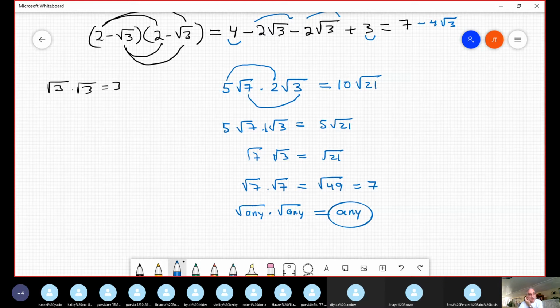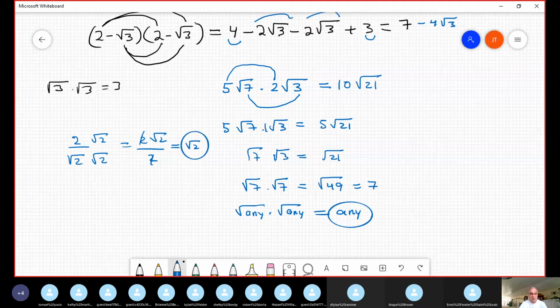Rationalize means eliminate the radical in the numerator or in the denominator. When it's a monomial, suppose 2 radical 2, you multiply by radical 2 top and bottom. This is a small one. 2 radical 2 divided by 2, because radical 2 times radical 2 is 2, and the 2 is cancelled, and the final answer is just radical 2. This is a typical rationalization when there's a monomial.